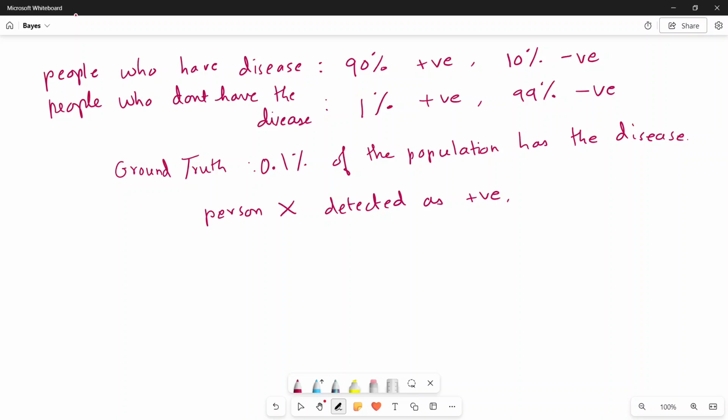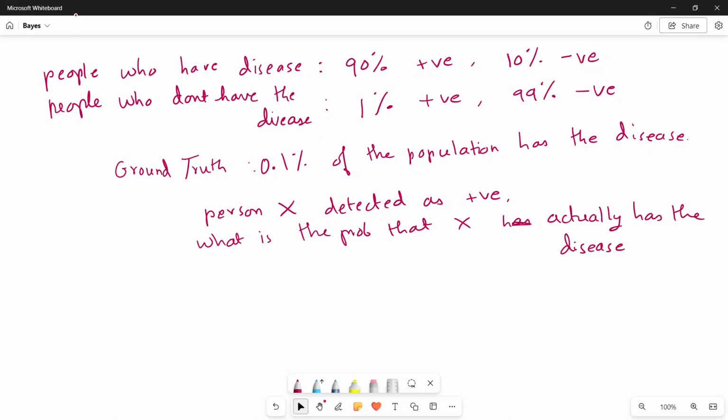What is the probability that X actually has the disease?